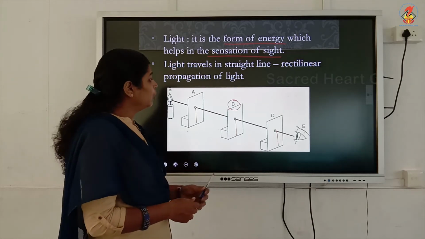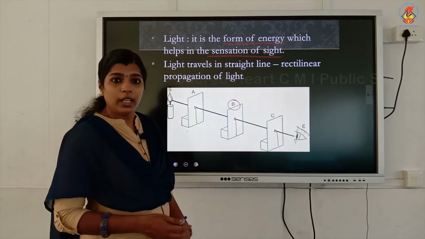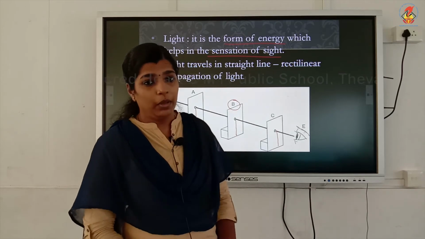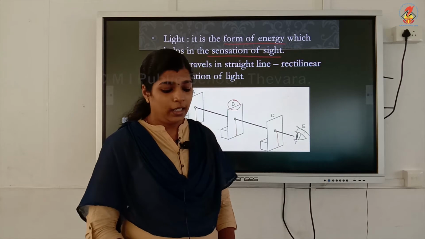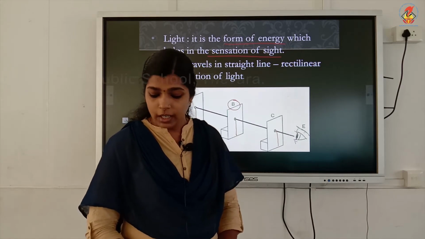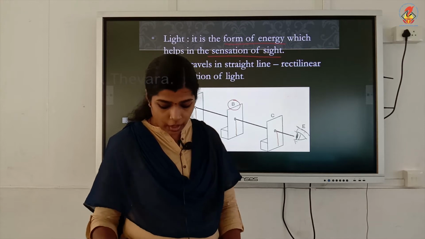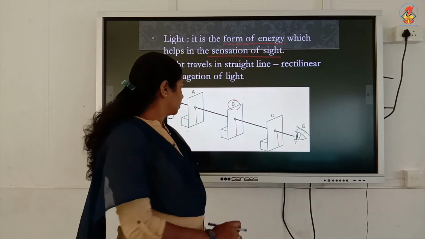So when you look through this side, you will not be able to see the candle flame. Means light travels in a straight line, that is known as rectilinear propagation of light. That is given in your textbook, page number 174.